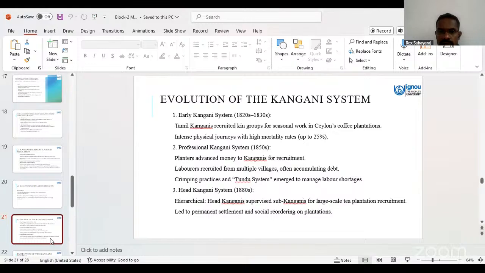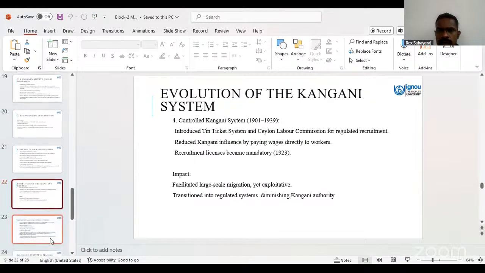I think we have seen it. The evolution of the Kangani system then became the controlled Kangani system. That means 1901 to 1939 introduced the tin ticket system or Ceylon Labour Commission for regulated recruitment. So it reduced Kangani influence by paying wages directly to workers.